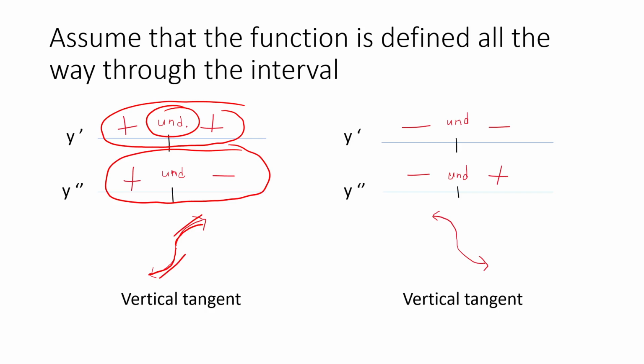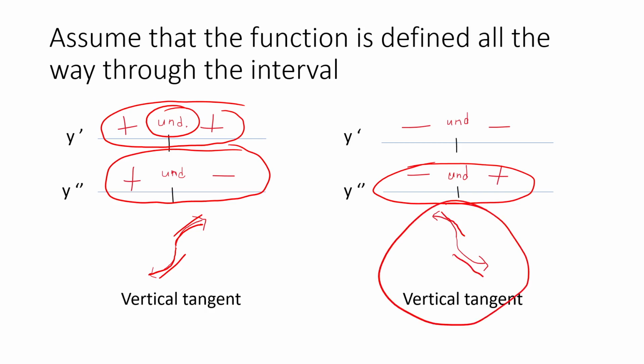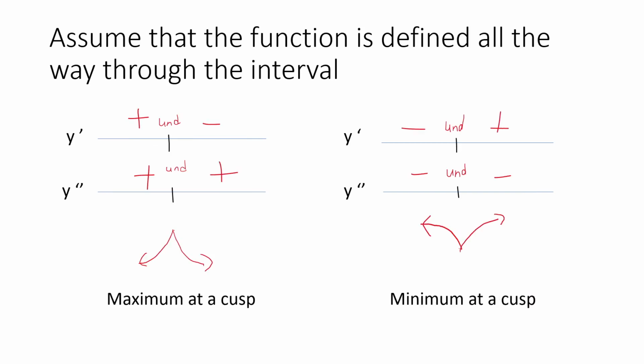And similarly, if we have a function that has a first derivative that's negative and then undefined and negative, and a second derivative that's negative and then undefined and then positive, in other words, the curve is concave down, then concave up, the curve will look like this, and it will have a vertical tangent.